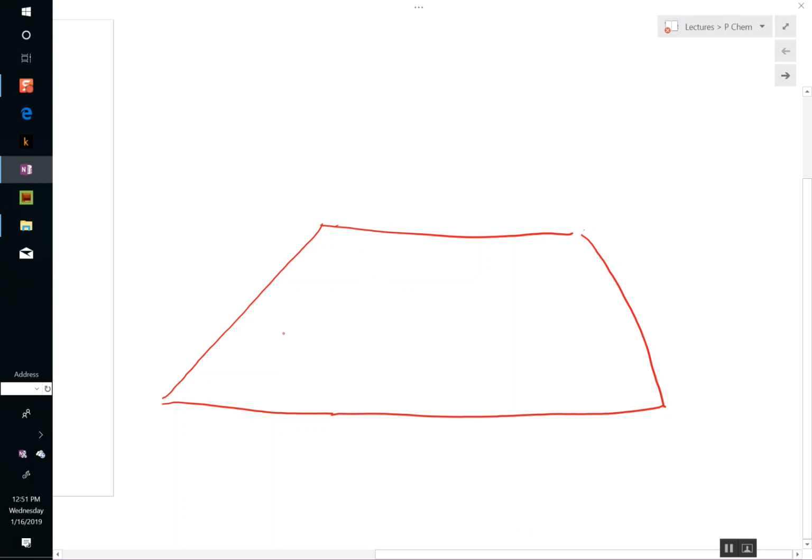Remember those "you are here" maps? You are here. And what's here?